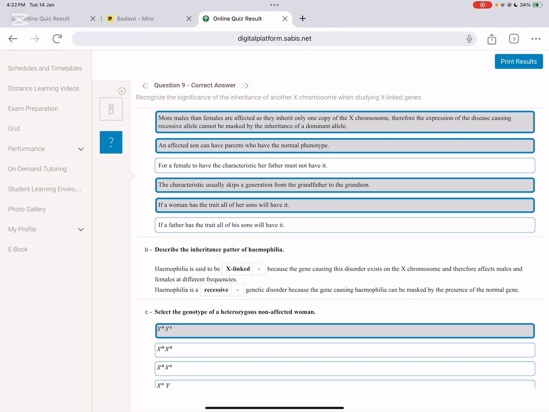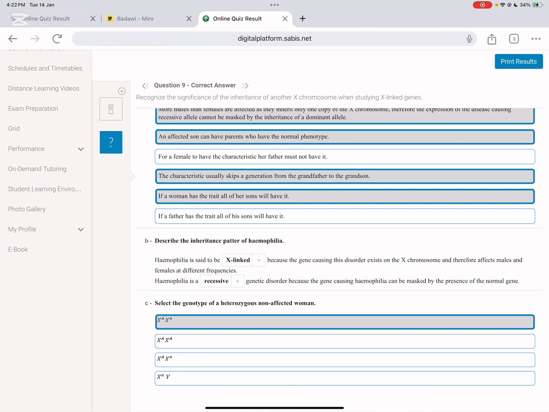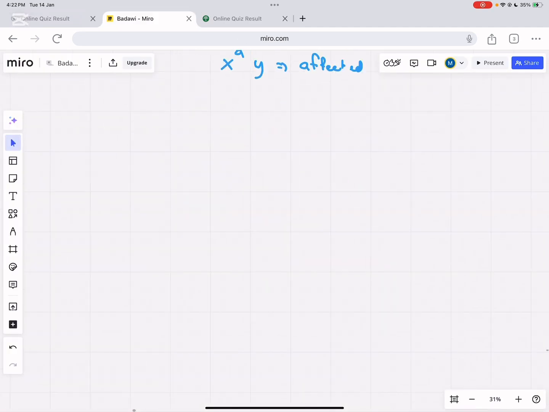The characteristic usually skips a generation. We said it usually skips a generation from the grandfather to the grandson because if it's a recessive allele, it could be lost. If a woman has the trait, all of her sons will have it. We already said the reason why. Let's say a female has the disease, while, for example, the father does not.